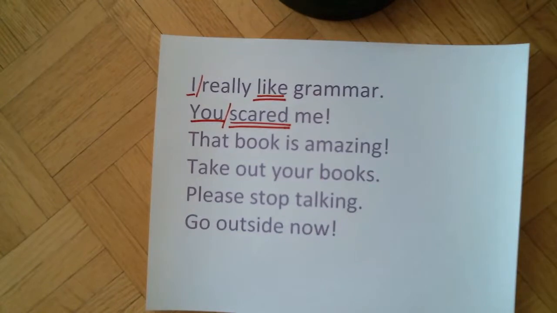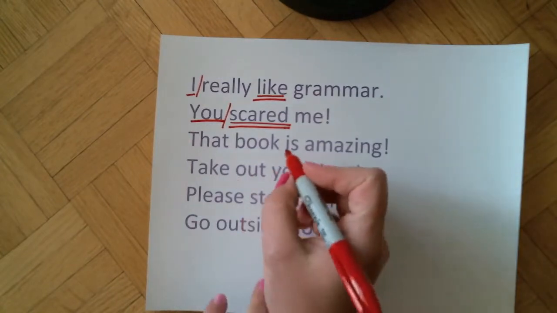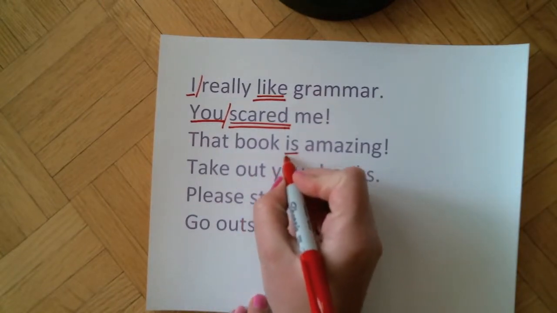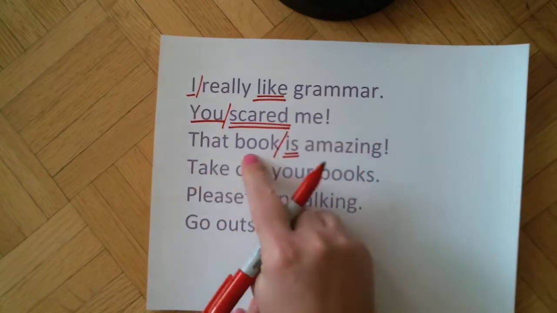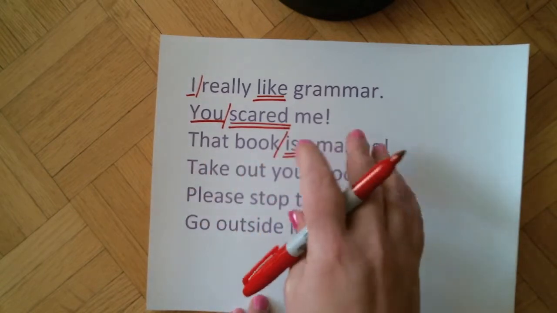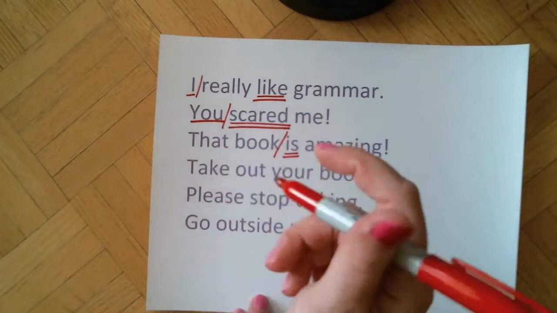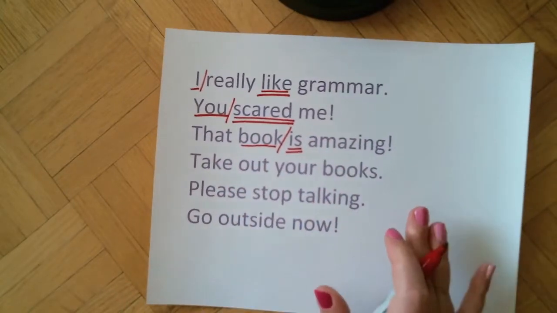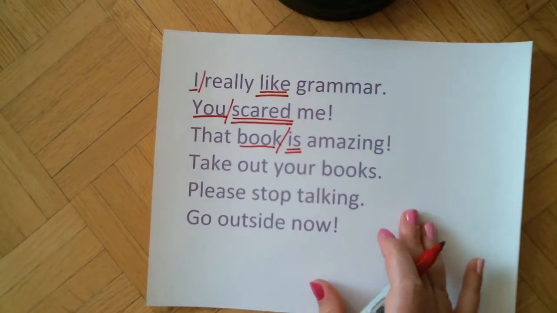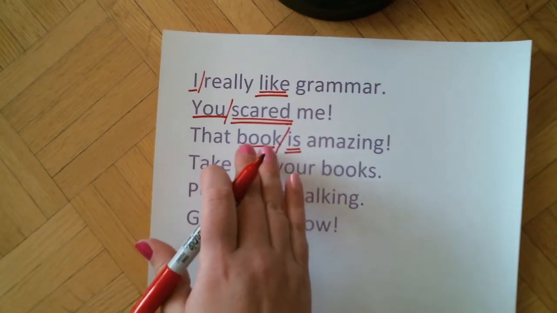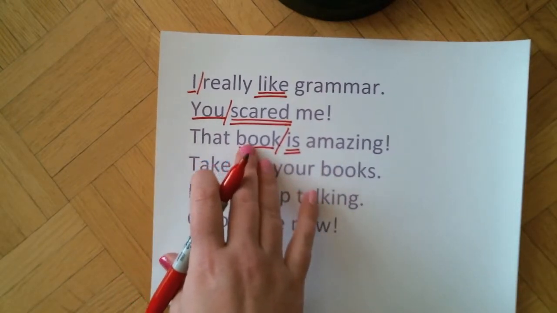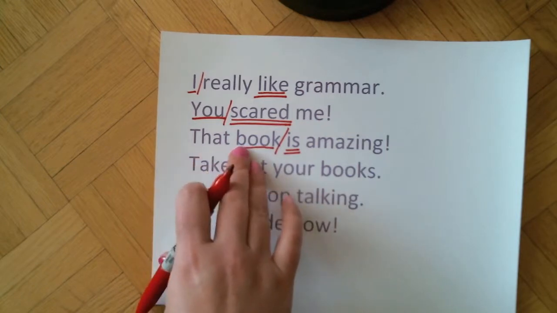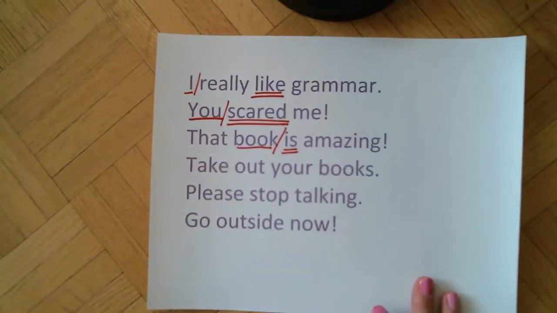What happens if I have more than one word? Let's look at the third sentence. That book is amazing. Is my verb. There's my complete subject, complete predicate. And what is amazing? Well, book is the most important word here, right? So that is going to get one underline. In general, I'm going to have nouns or pronouns as subjects, and of course that in that book you should recognize as an adjective.